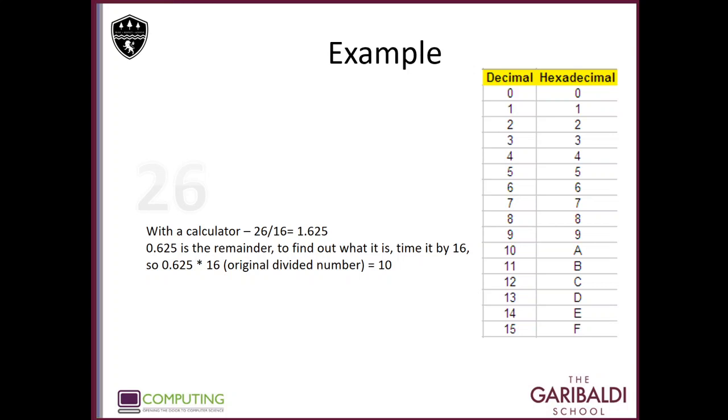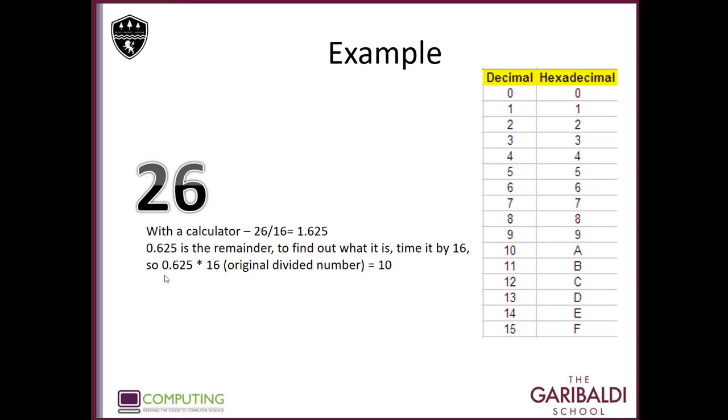Okay, so we've got, sorry, we've got the decimal number 26. So what we're going to do now is divide 26 by 16. Now if you do that in a calculator, it'll give you 1.625. So we know the first number is 1, so you put a 1 in the 16 column.